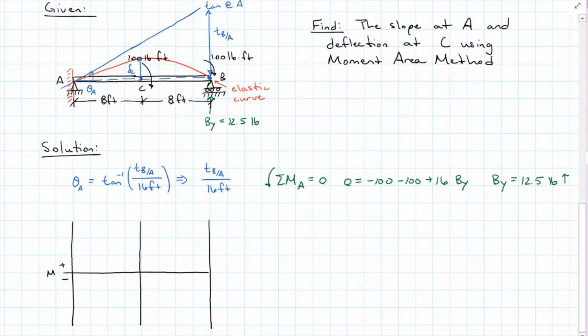So starting with BY, it's pushing up on the system, so that means the moment diagram is going to come up to a maximum value of P times L, which is going to be 200 pound-feet.